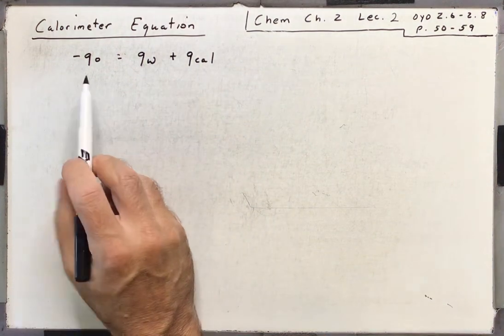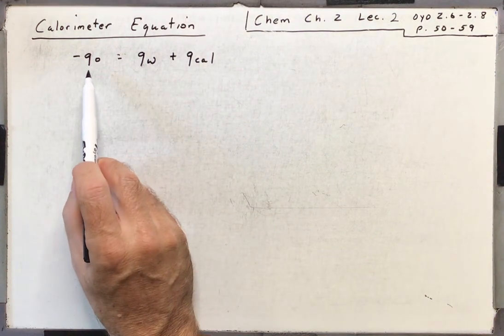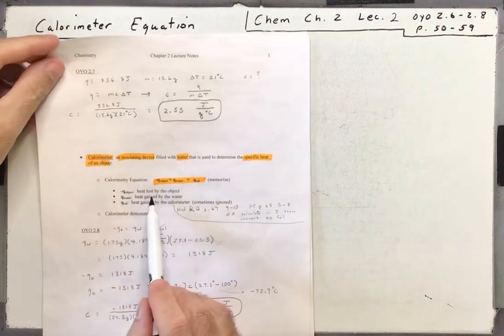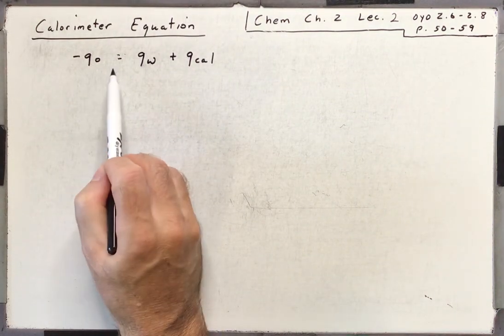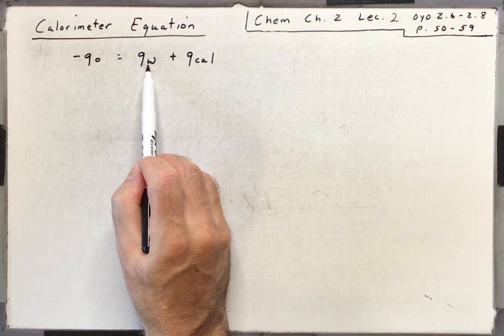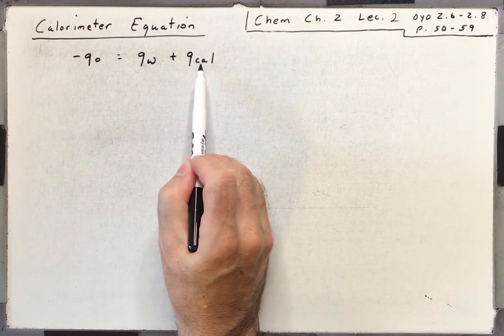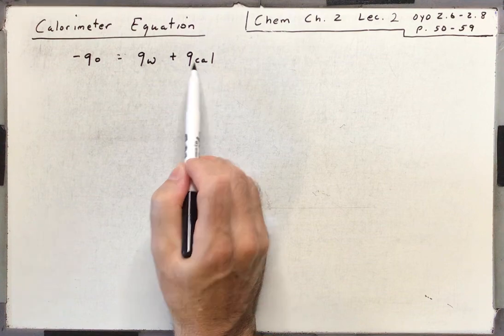That means, I explain it in the notes, the heat lost by the object because you put it in water is equal to the heat gained by the water plus the heat gained by the calorimeter.